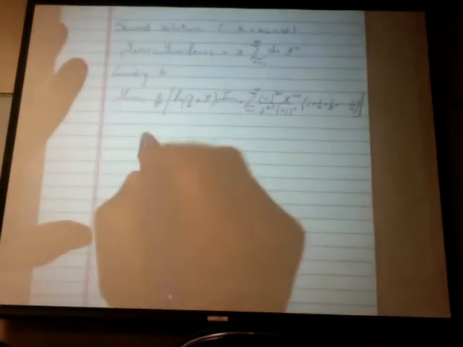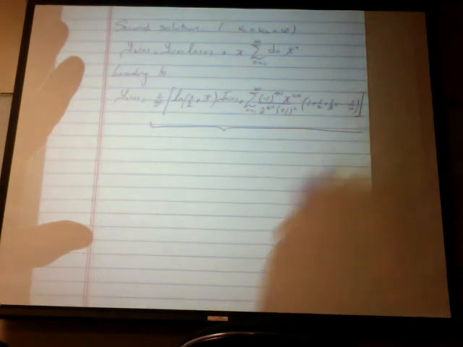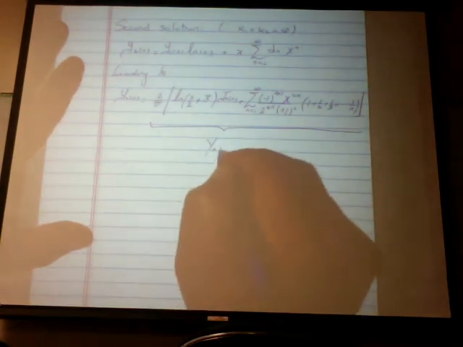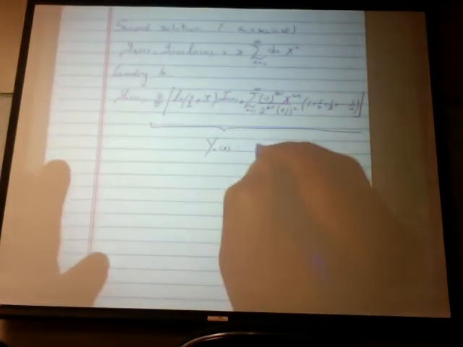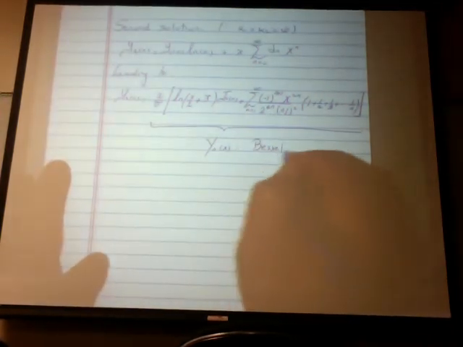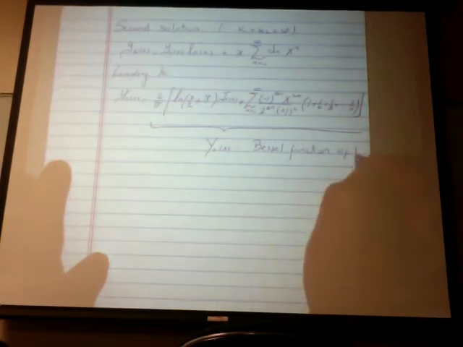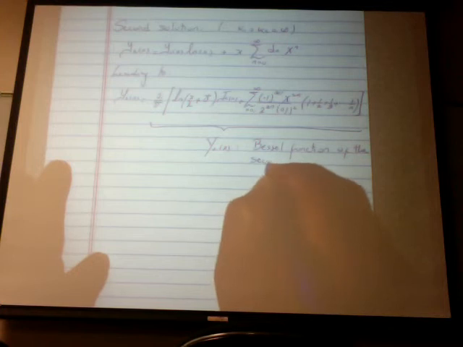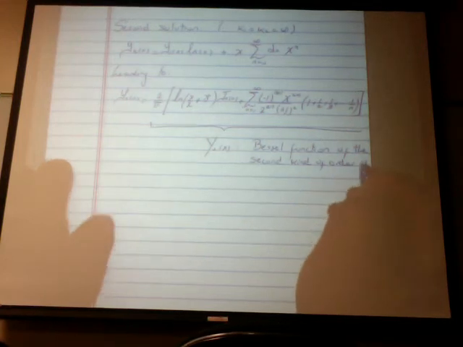And this, not surprisingly, is called y0 of x. This is the Bessel function of the second kind of order 0.